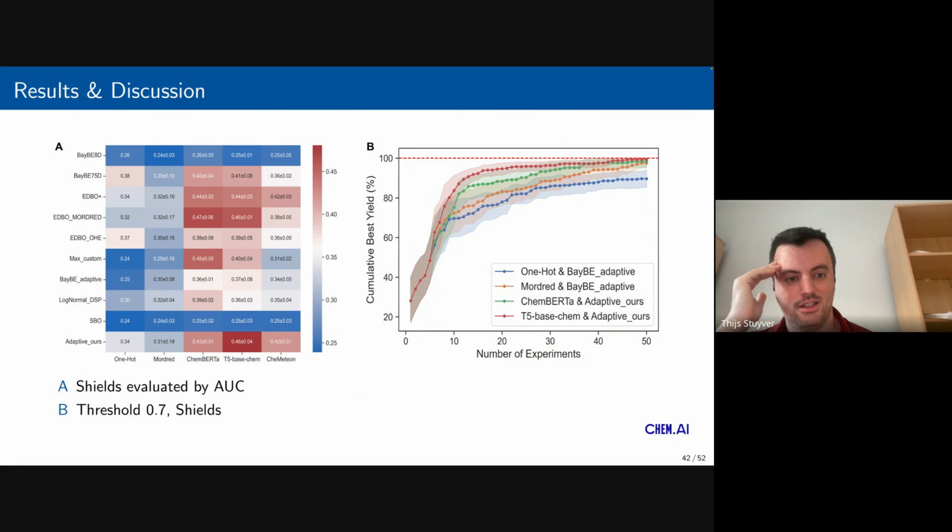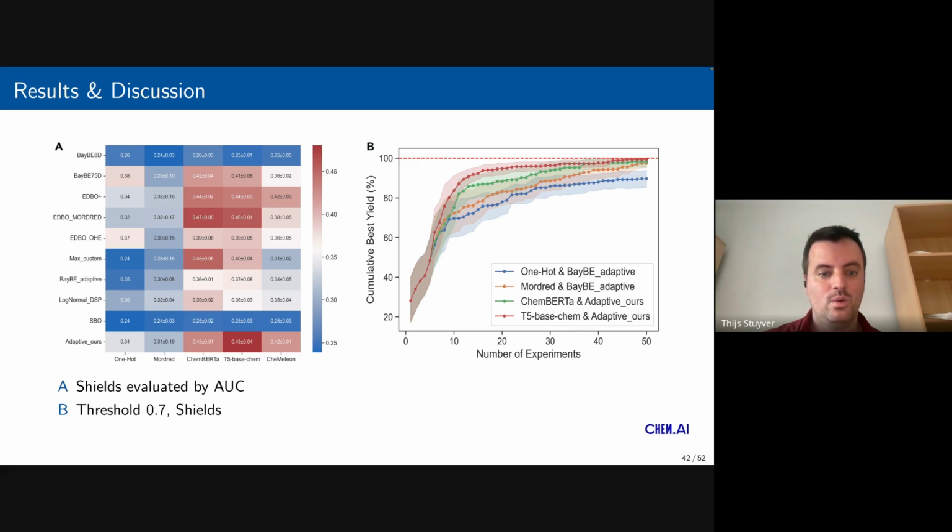I think this is the Shields data set. And so if you would just use default settings from Baby, which is the standard approach that is often used by experimentalists in chemistry, you end up with the blue curve. So one hot and Baby adaptive, that's basically this setting.